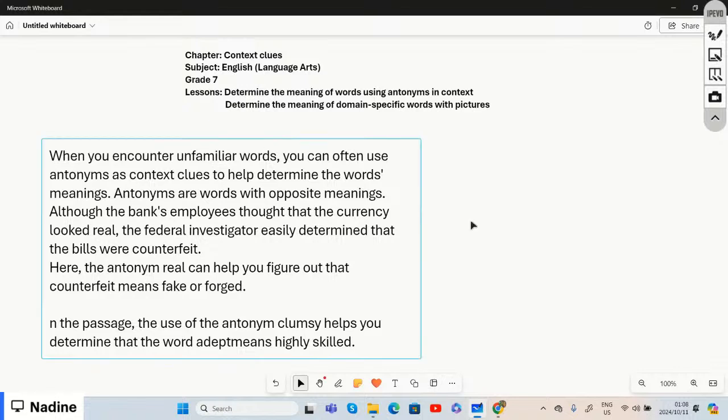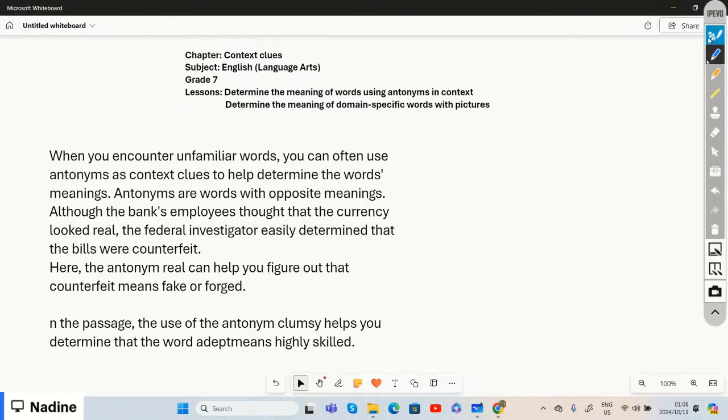All right. So we said when we see unfamiliar words within a sentence, then we can use the antonyms as context clues to help us determine the meaning of these words. And we said antonyms are words with the opposite meaning.